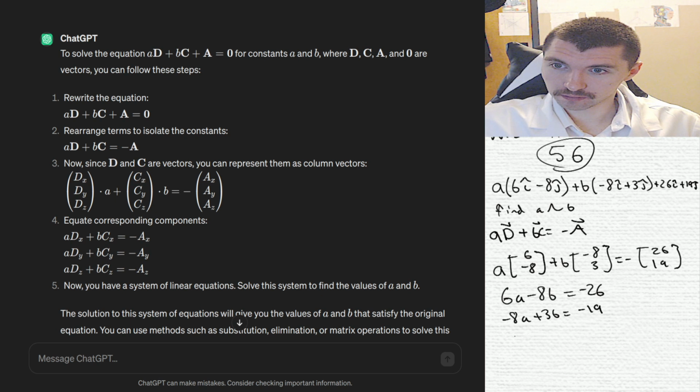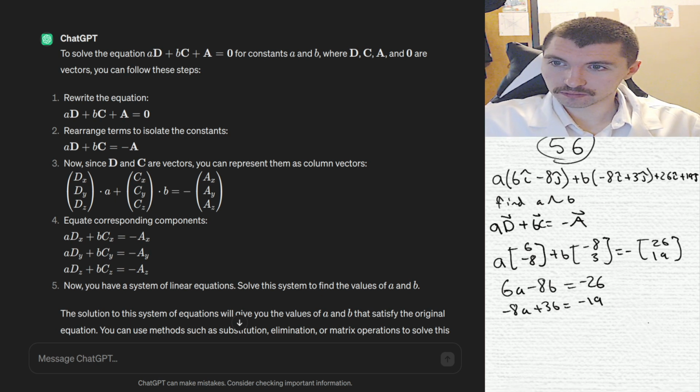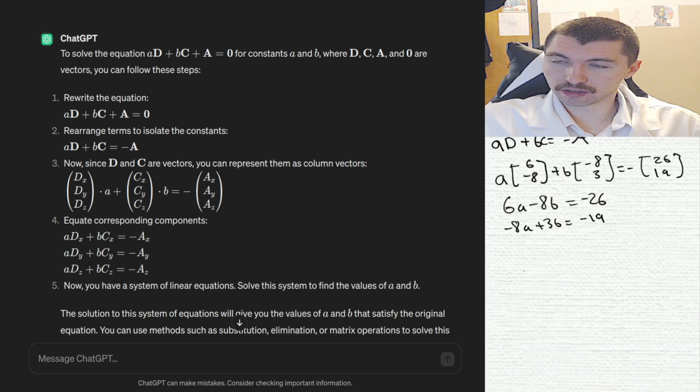So we can rewrite this as an augmented matrix: 6, negative 8, negative 26; negative 8, 3, negative 19.